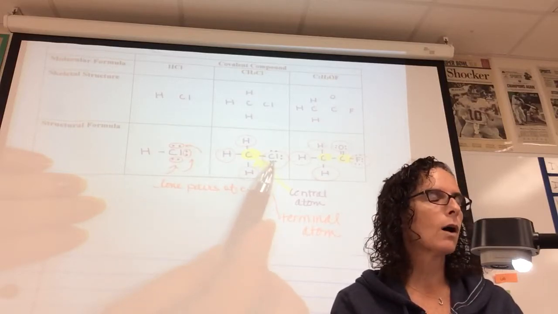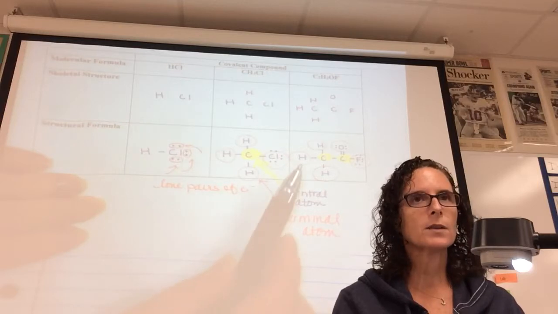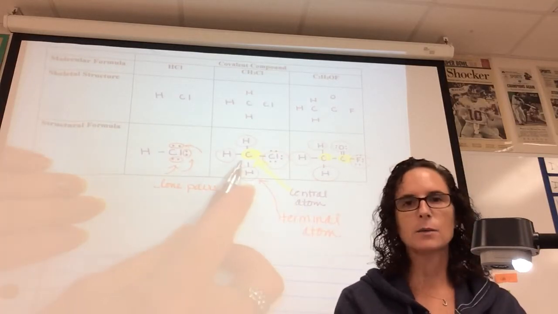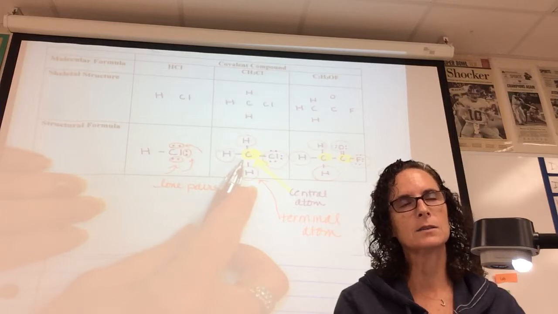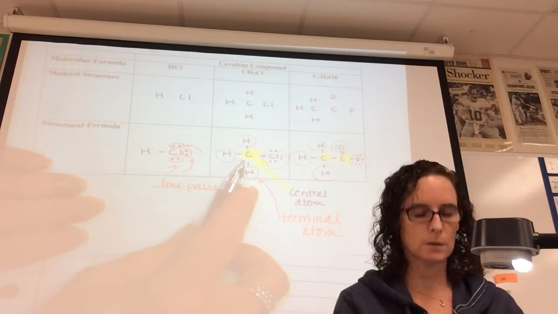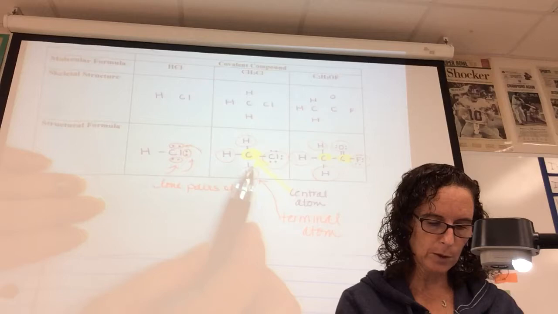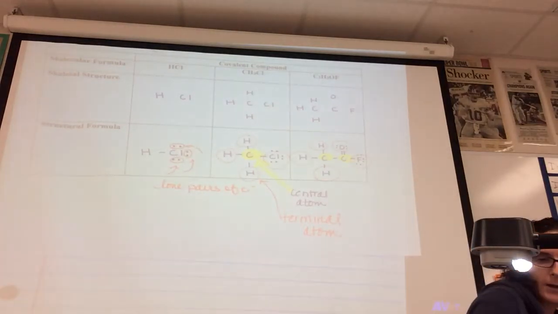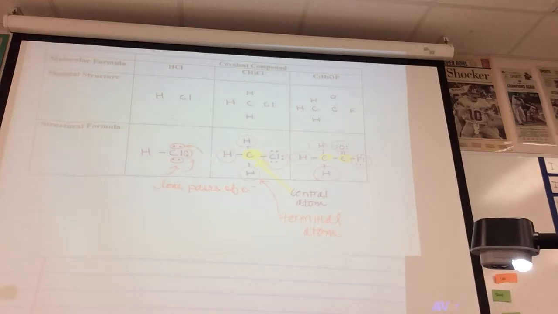Halogens are usually terminal, but this year you'll see that they can be central as well. Central atoms are connected to at least 2 atoms. So central versus terminal, we mentioned last time, lone pairs. And this is all from honors, so you would have seen it last year, and hopefully your level of understanding there is high.